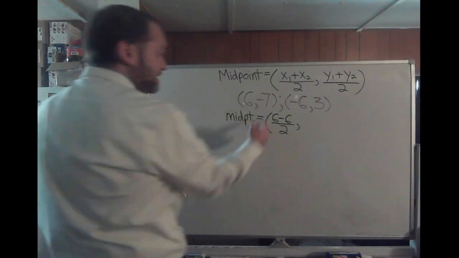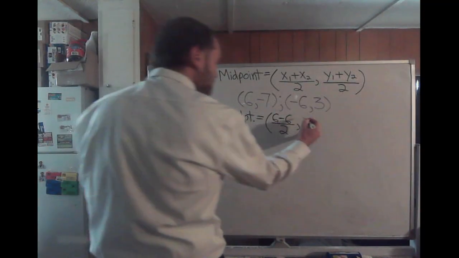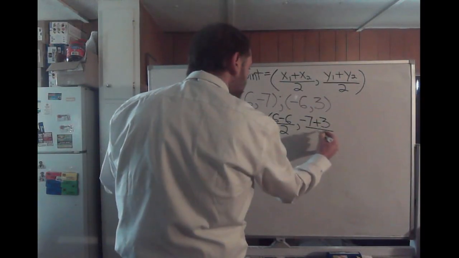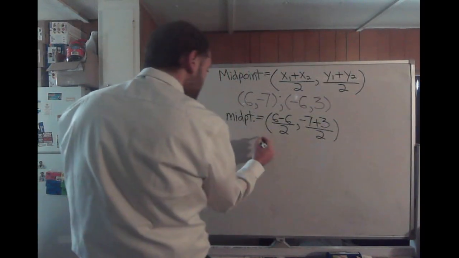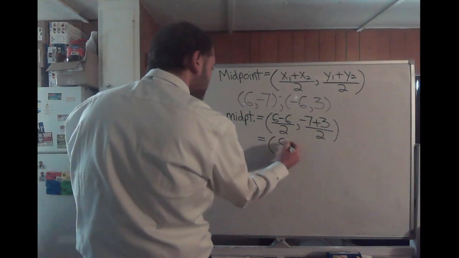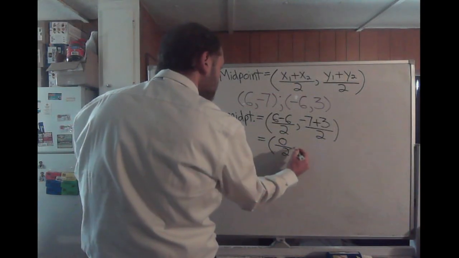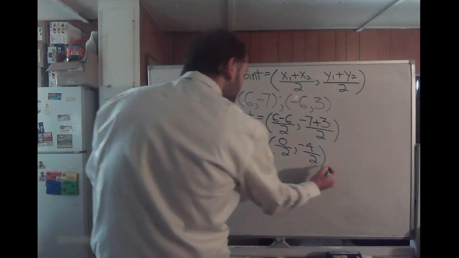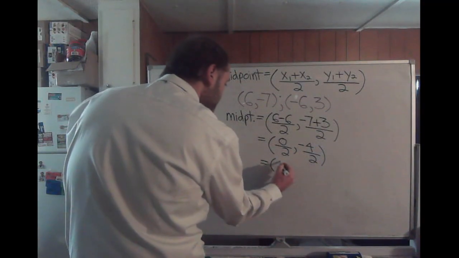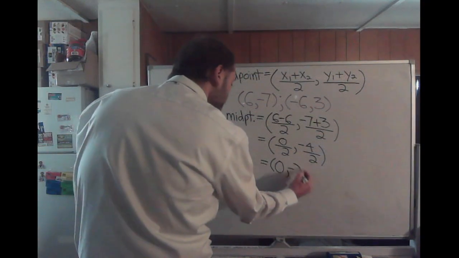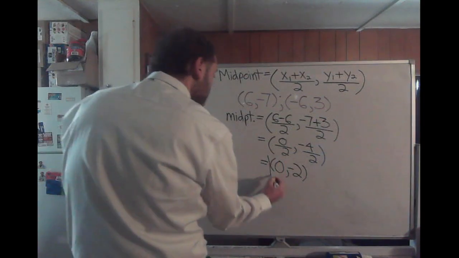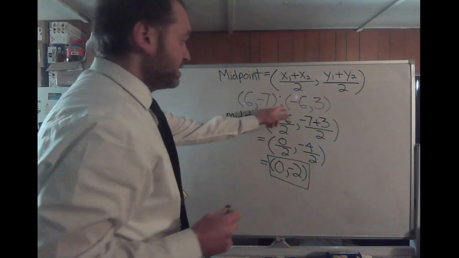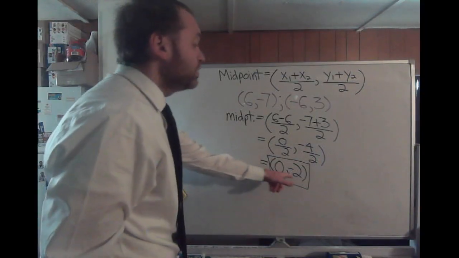And then you'll end up taking the first y coordinate of -7 plus your second y coordinate of 3, divide that by 2, which would end up giving you 0 over 2, and then -4 over 2, giving you your midpoint to be 0, -2. So the midpoint of these two ordered pairs would in fact be 0, -2.